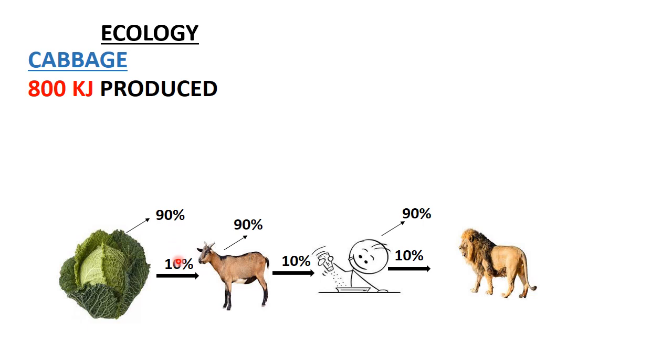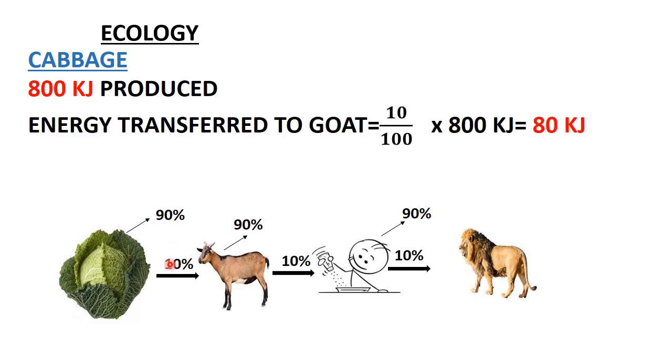So energy transfer to the goat is 10% of 800 kilojoules, which gives us 80 kilojoules. So out of the 800 that was initially made, only 80 is what has been eaten by the goat. And how much has been lost?